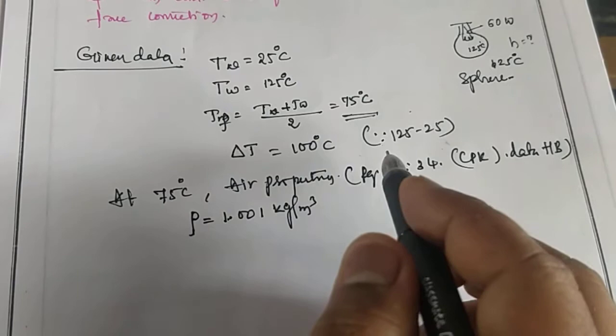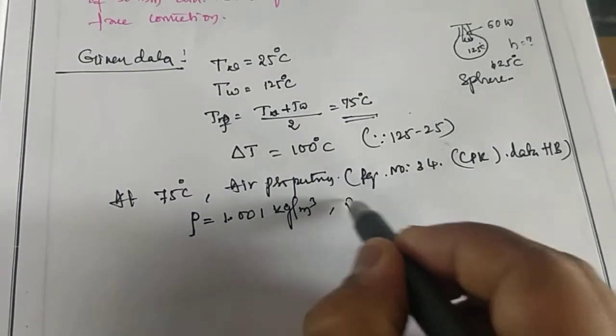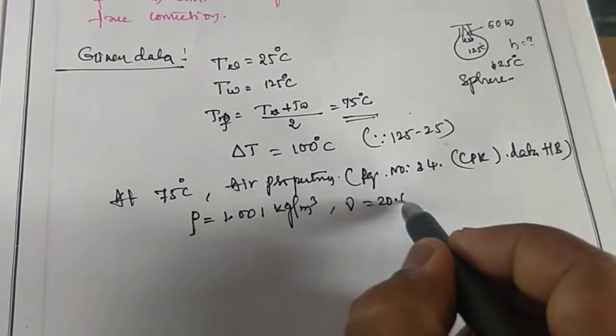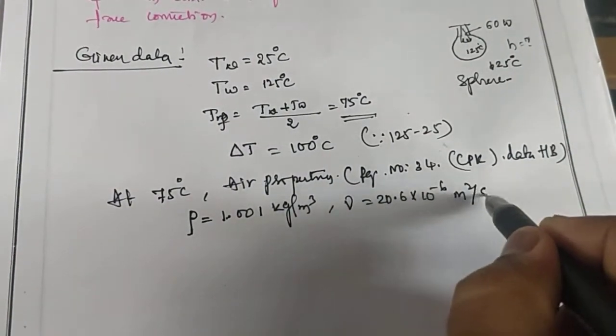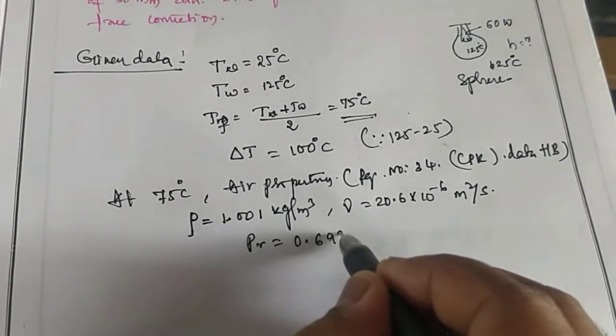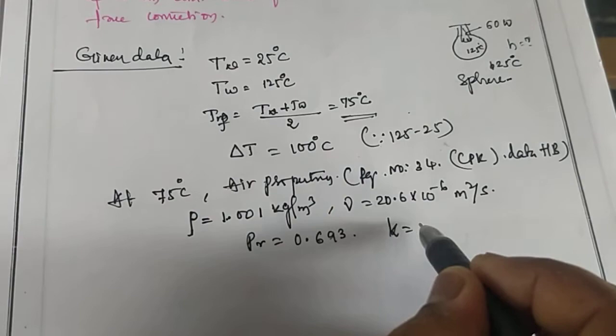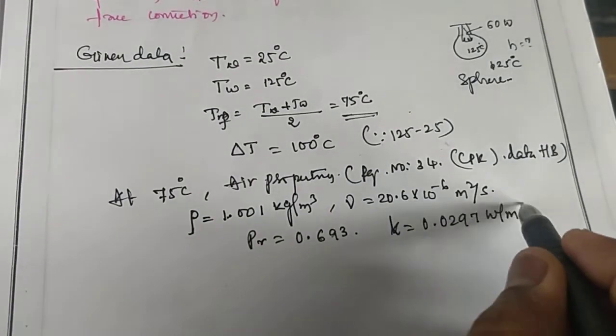The kinematic viscosity is 20.6 into 10 to the power minus 6 meter square per second. The Prandtl number is 0.693, and the thermal conductivity is 0.0297 watt per meter Kelvin.